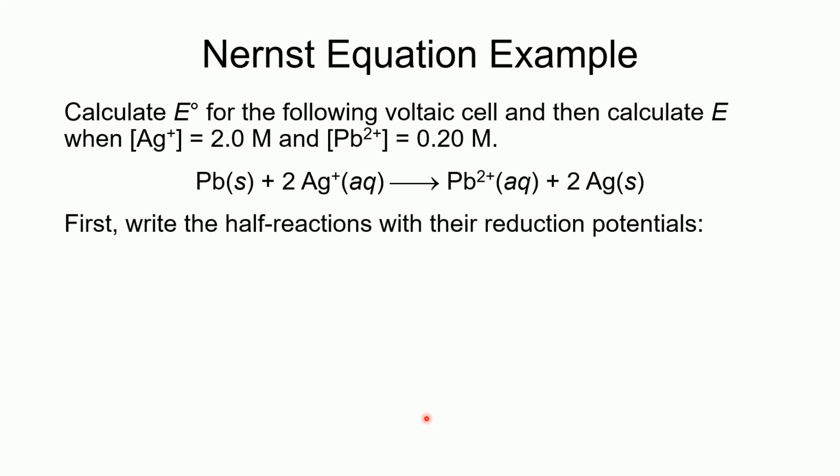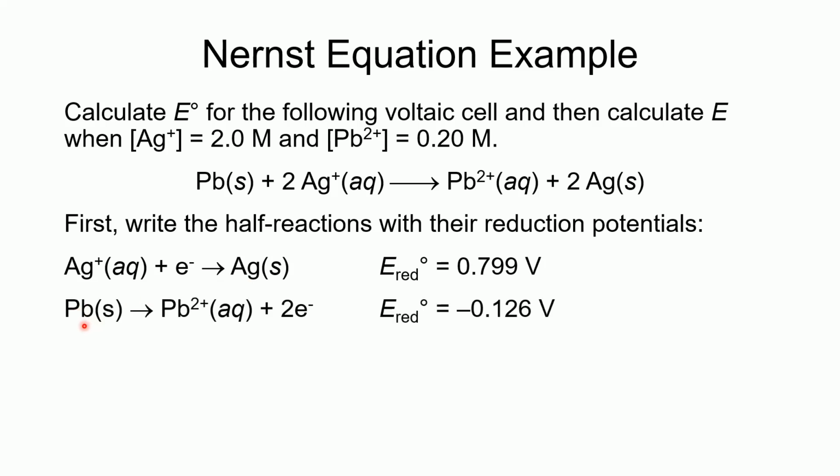Okay, first thing, we want to write the half reactions with their reduction potentials. So we'll do the silver first. Silver ion plus an electron gives us silver. This is a value from Appendix E. It has a reduction potential of 0.799.